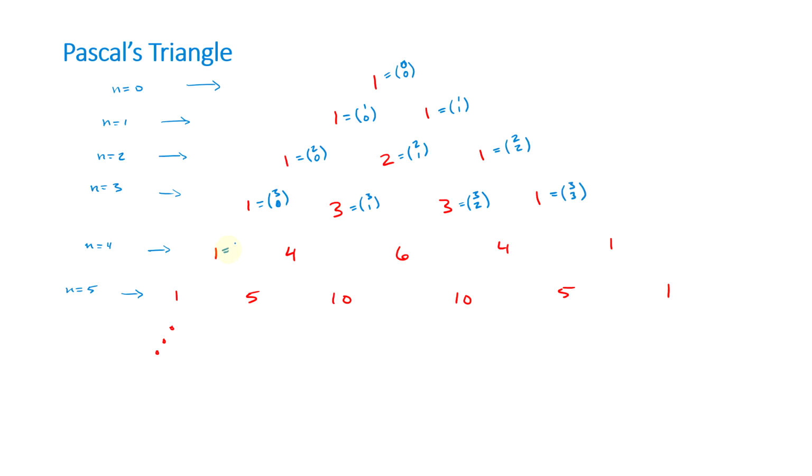Let's do one more row. So 4 choose 0, 4 choose 1. Notice each time you have an n choose 1, it gives you exactly that number back. 4 choose 2, 4 choose 3, 4 choose 4, and this is actually a shortcut way of calculating an n choose k value, or having to calculate multiple n choose k values, as long as you don't go too far out, and then at that point it just gets tedious.